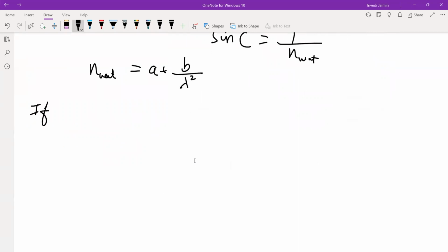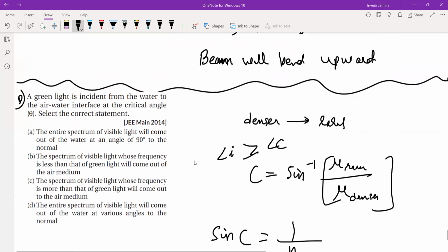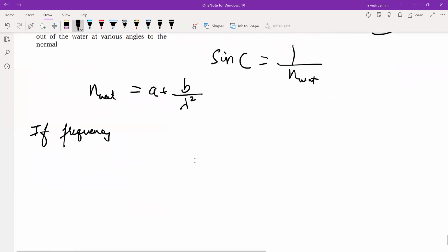If the frequency of this one is less, lambda must be greater. Obviously, if frequency is less, then lambda will be greater.